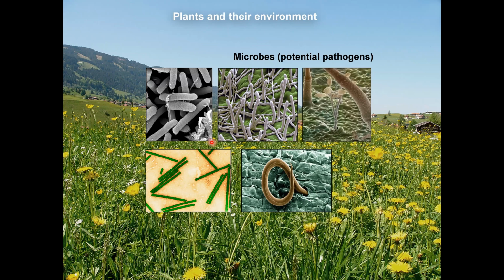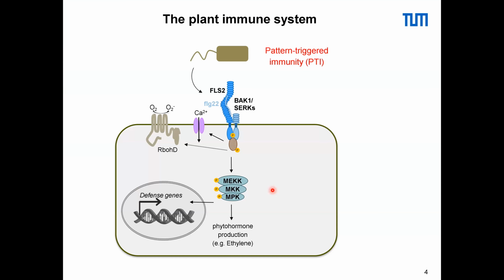And these include various types of organisms, including bacteria, fungi, oomycetes, viruses, and also larger organisms such as nematodes. And the reason why plants can cope quite well with the majority of these potential pathogens is because they have evolved a sophisticated innate immune system, which allows them to detect these microbial potential pathogens to activate an immune program.